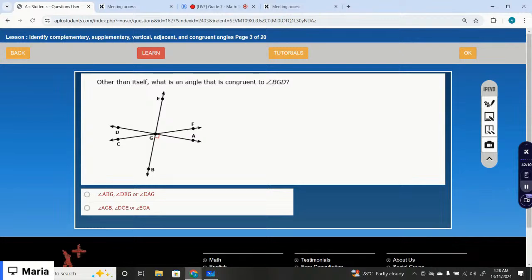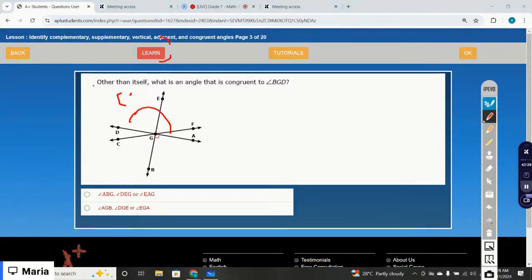Other than itself, what is an angle that is congruent to angle BGD? The angles that are congruent to BGD are AGB, DGE, and then EGA. Option number 1 is the correct one.